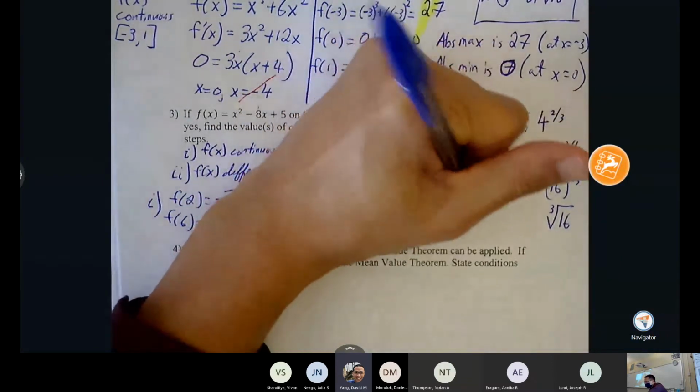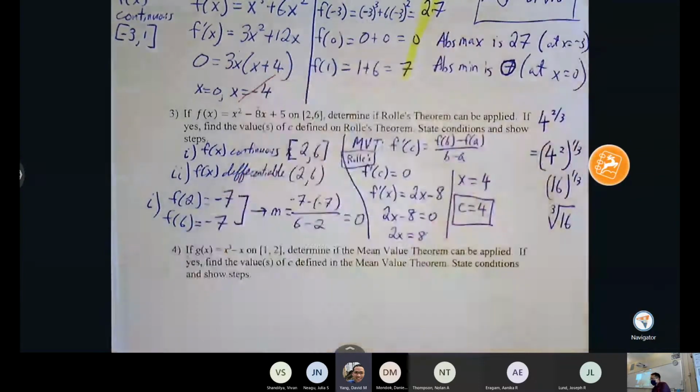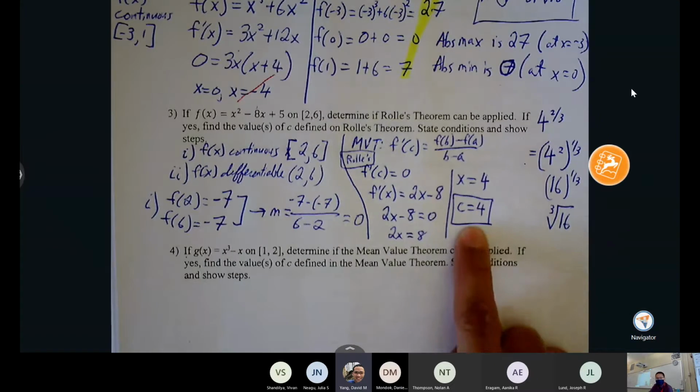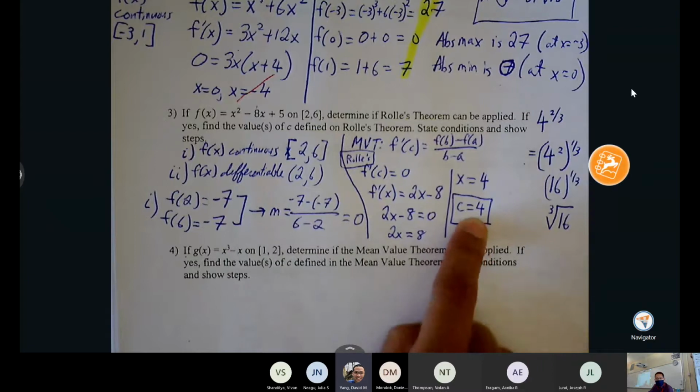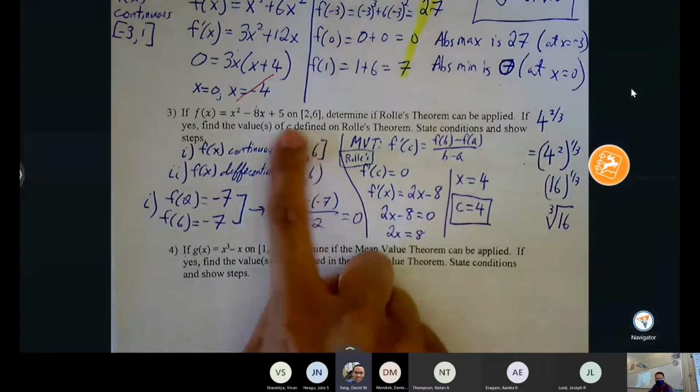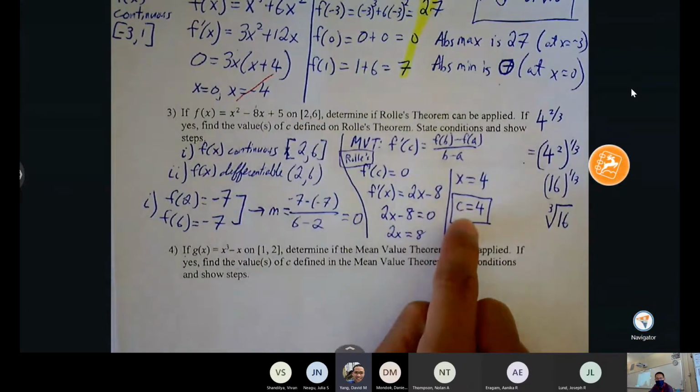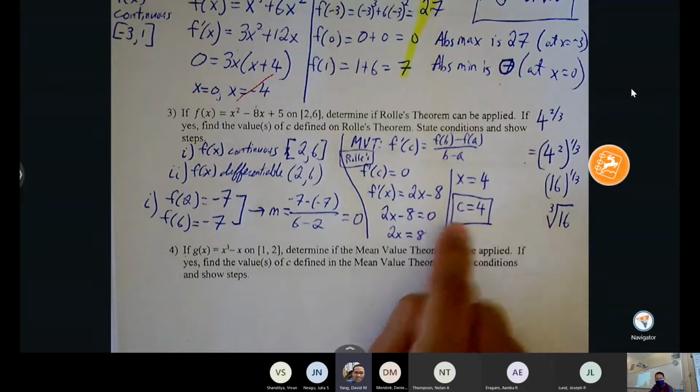And that is also our c value. So this is telling us that at 4, the graph is going to achieve a slope of 0. And 4 is somewhere between 2 and 6. So we can guarantee that there's a location between 2 and 6 where the graph is going to hit a slope of 0.